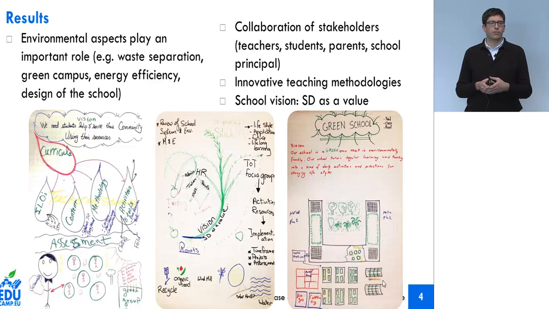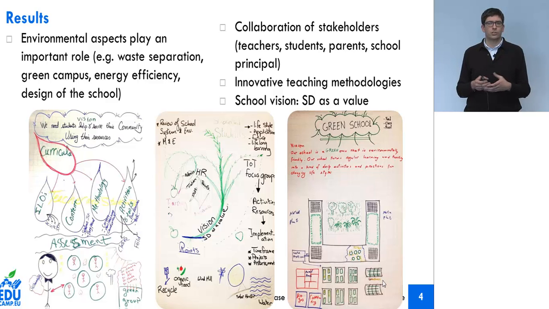The results in this case were, for example, that environmental aspects play an important role, but also social aspects. The collaboration of different stakeholders is very important within those schools. Teachers, students, parents and school principals work together and think together about how a sustainable school could look like and how the work takes place.